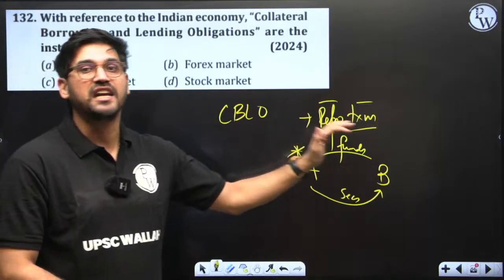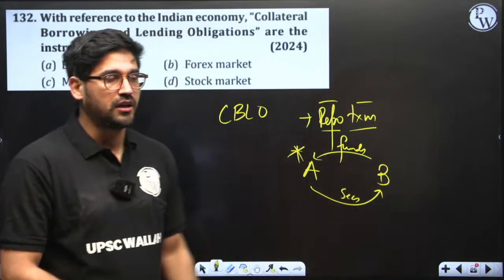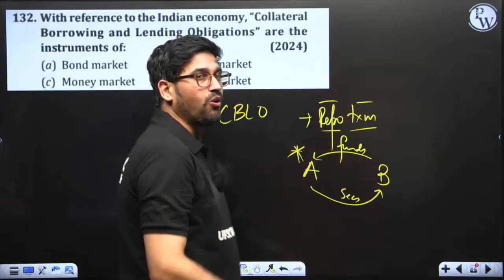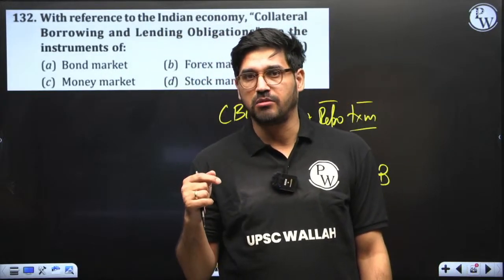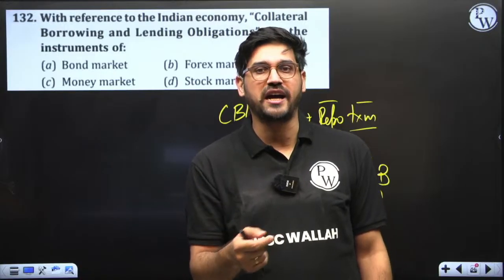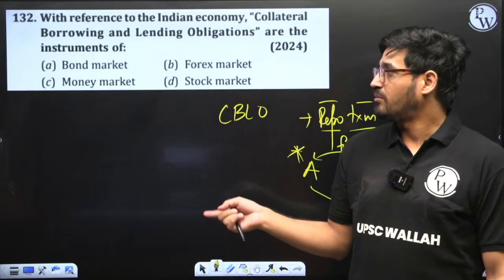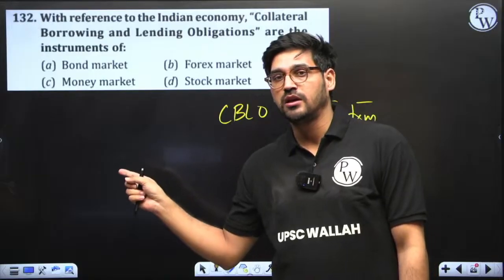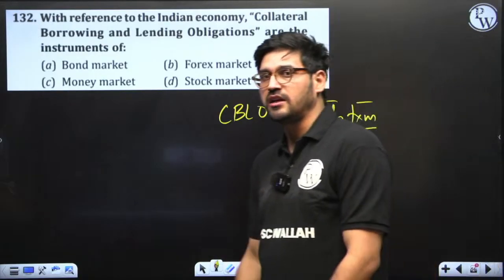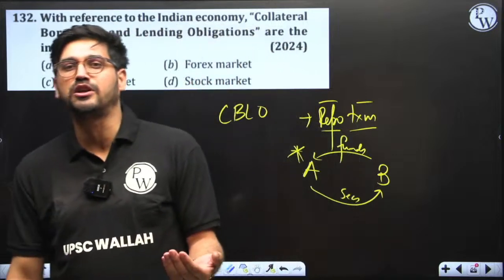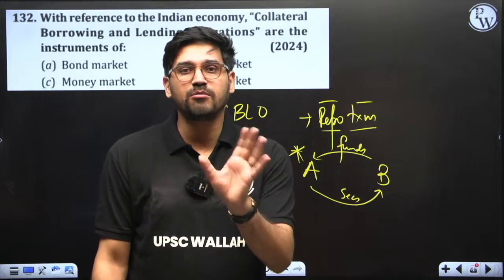CBLO is very much like a repo transaction wherein party A is going to offer a collateral of some securities alongside a repurchase obligation of buying these securities back in exchange for funds. But the difference between a CBLO and a repo transaction is that a repo transaction is only going to mature when the term of the transaction is over.